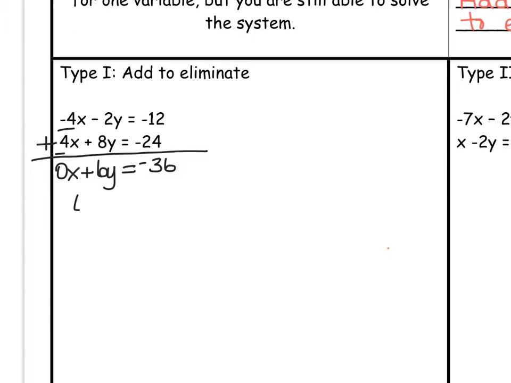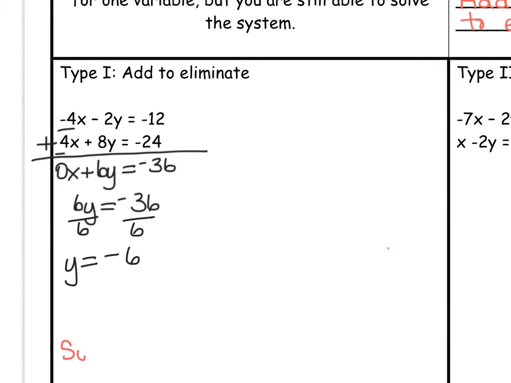So what I'm left with is 6y equals -36. Since I've gotten rid of the x variable, now I have an equation with one variable, and I can go ahead and solve for y. I'm going to divide by 6, and so my y coordinate is -6.